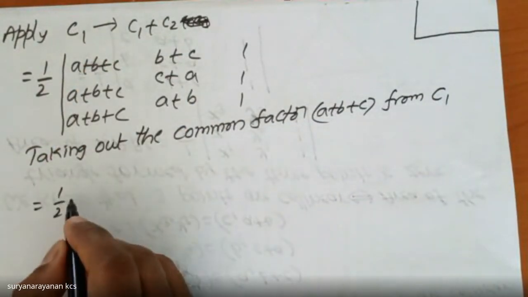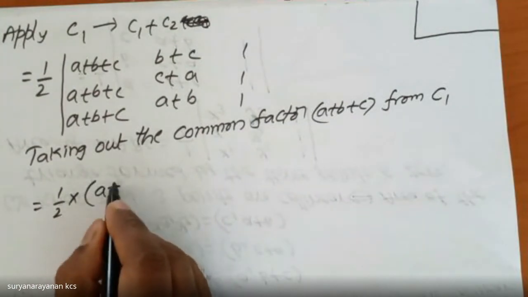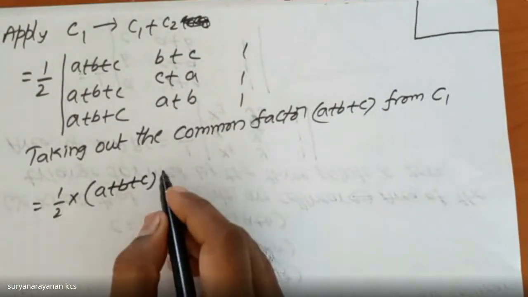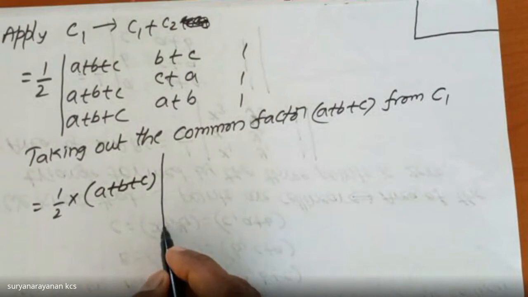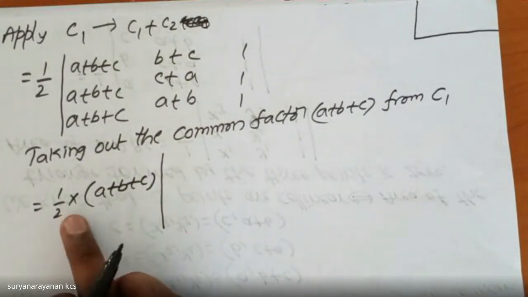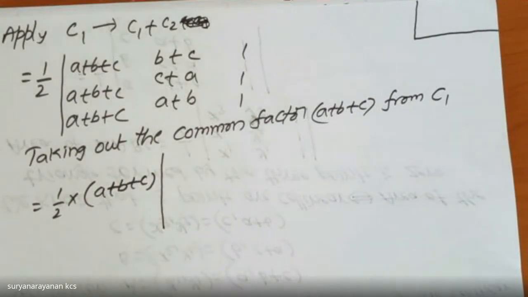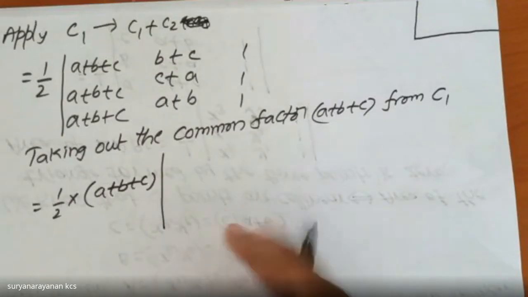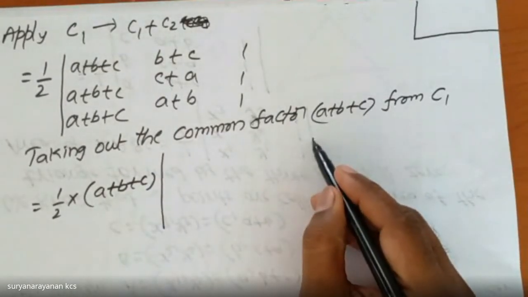So 1 by 2 into A plus B plus C. Whatever common factor we take out, we write it before the determinant symbol. Then tell me the elements in the determinant. Anyone, can you tell me? Joseph.